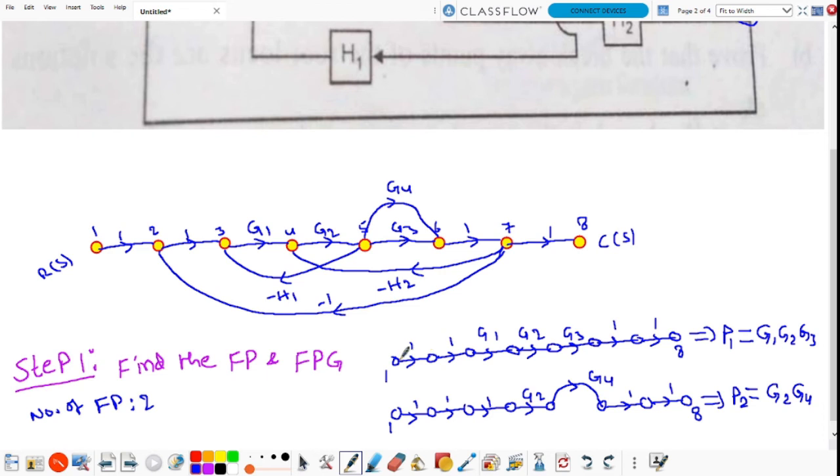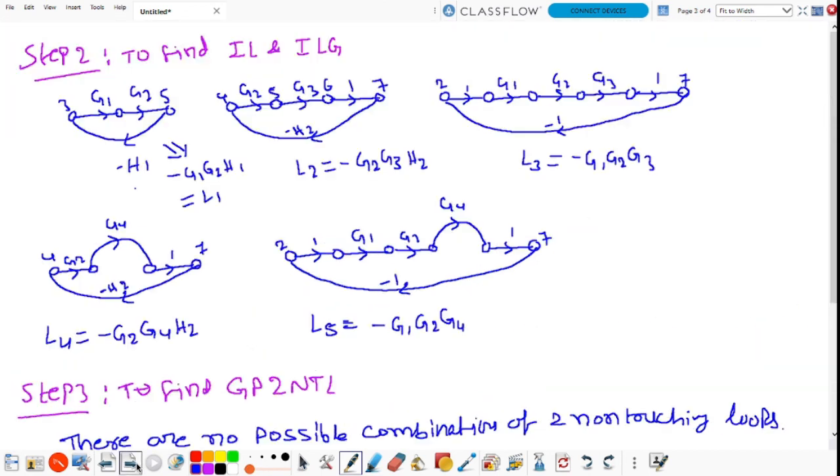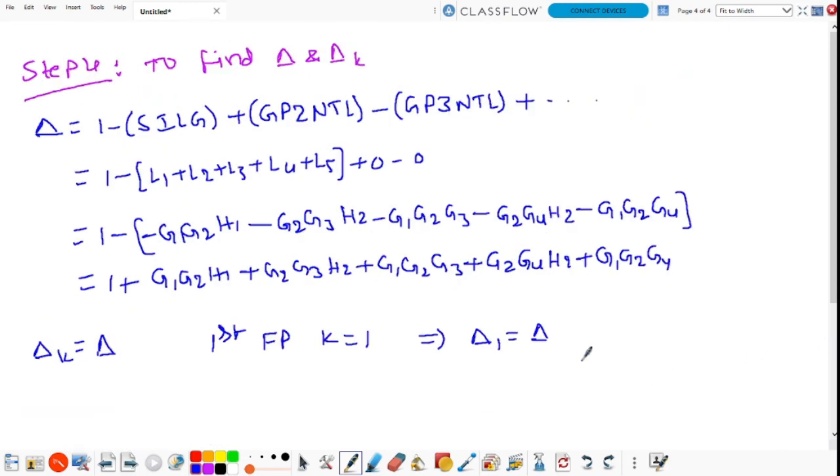In this graph, this is the first forward path and this is the second forward path. Now here delta 1 is equal to delta, which is equal to 1 minus 0, since there is no part of the graph which is not touching the first forward path, so the sum of individual loop gains is 0.